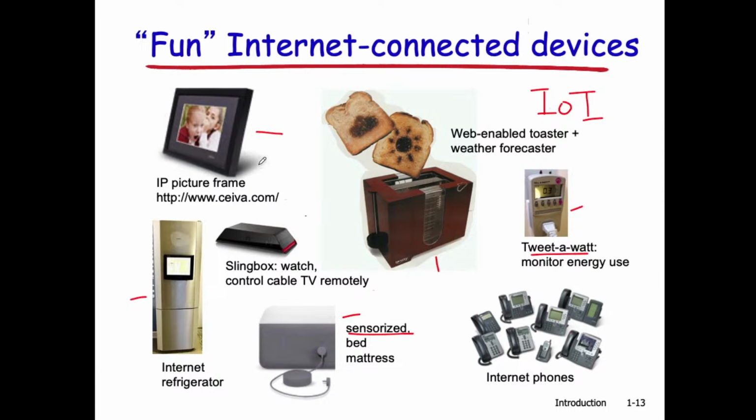Picture frame. I think this is one of the very, very old IoT devices. It's connected to the internet, and the idea was that you can send recent pictures through these IP frames to your grandpa. So you give these IP frames as a gift to your grandpa, grandma, so that every day they see different pictures from you.